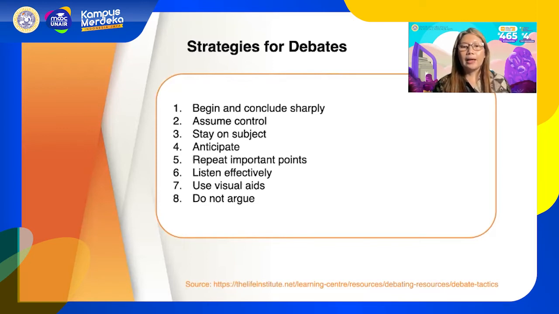And then you should anticipate any questions, even if there are questions that you don't know or can't answer on the spot. You should be thinking about how to respond to those. And then you could repeat an important point or a couple of important points.